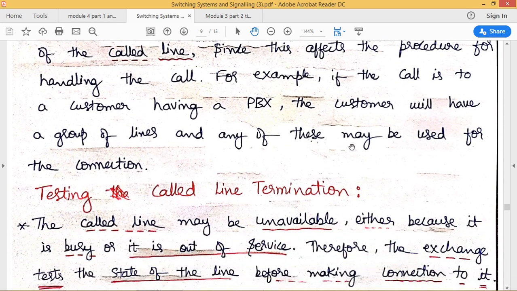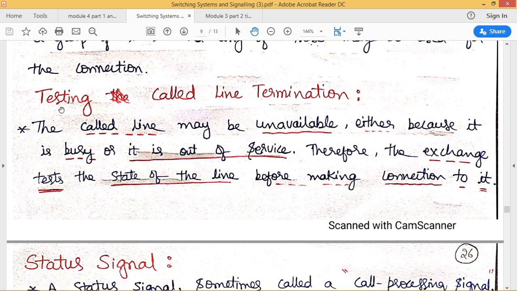Next, it goes for testing call line termination. Before making the call, the exchange should make sure whether the called person is connected, or whether he is free or not. The called line may be unavailable.